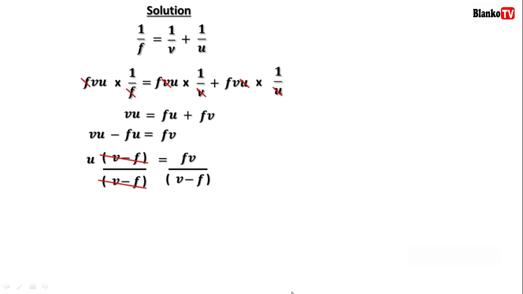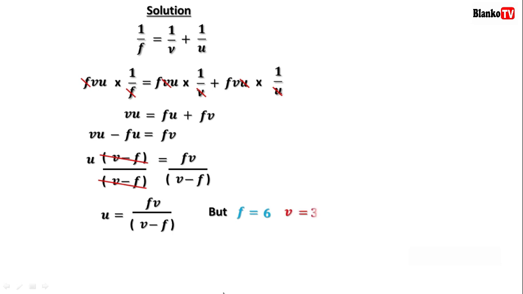So we are left with u equals fv over v minus f. So to make u the subject, u now is equal to fv over v minus f. I hope you understand.